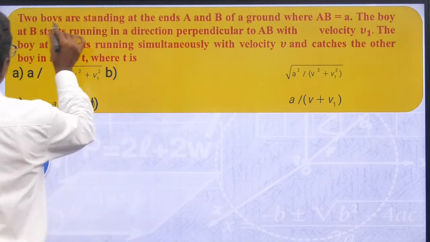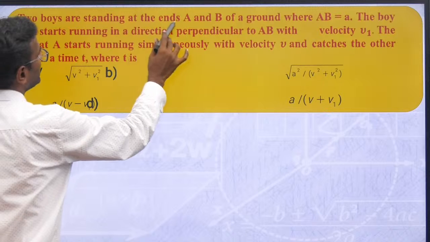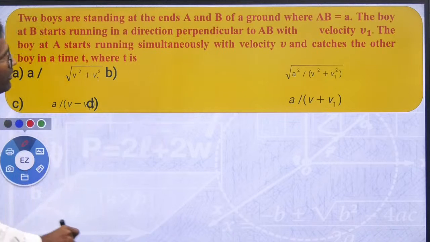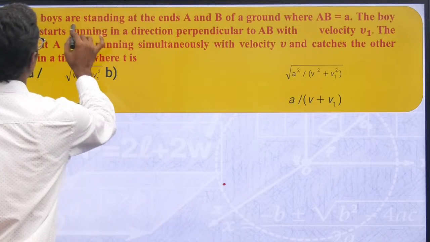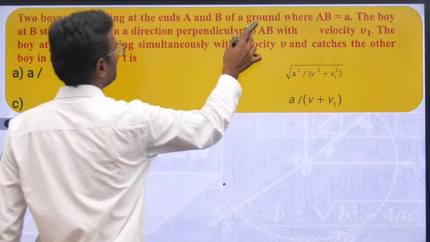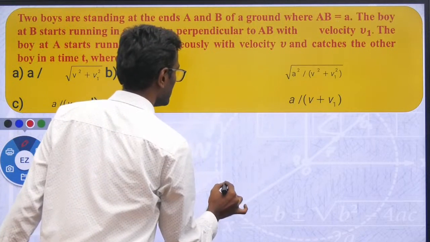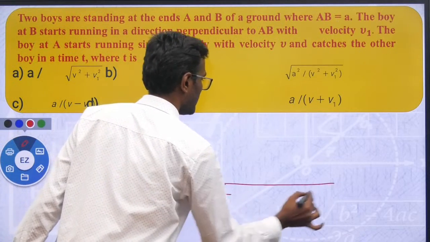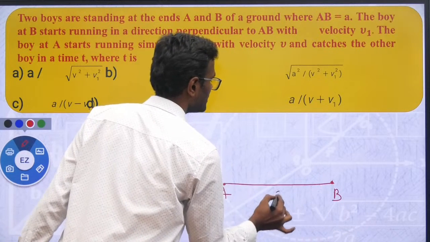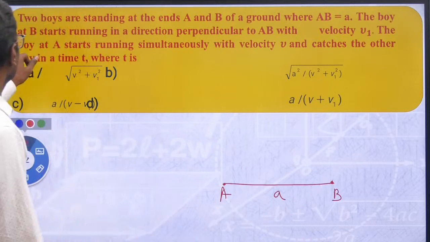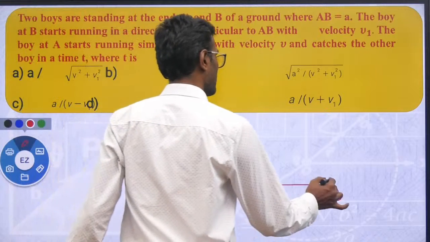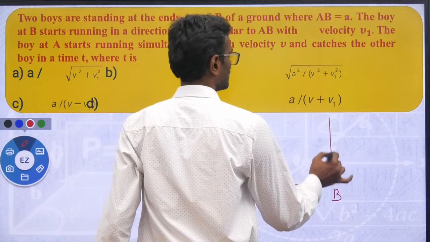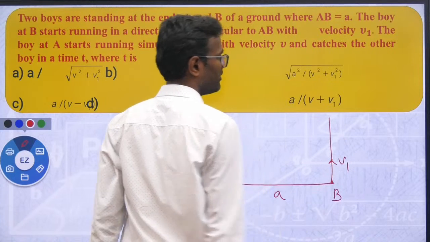Okay, so two boys are standing at the ends A and B of the ground. I will write, this is A, this is B, AB is equal to a. The boy at B starts running in a direction perpendicular to AB, like this, with the speed v1.